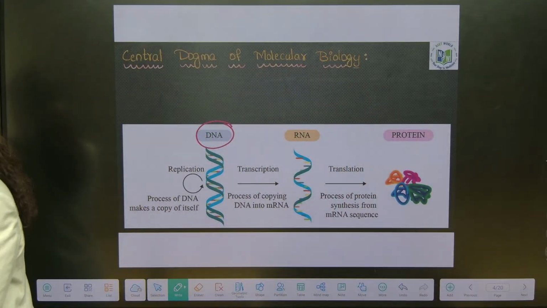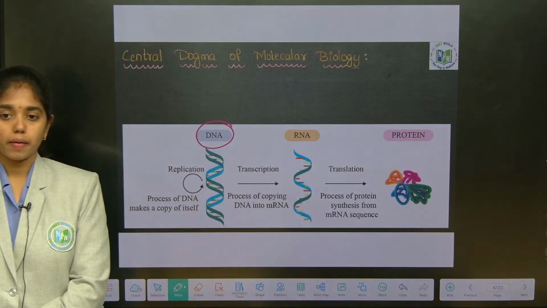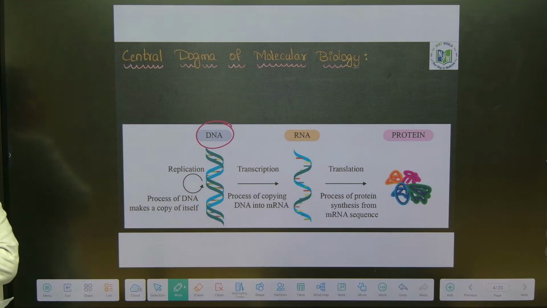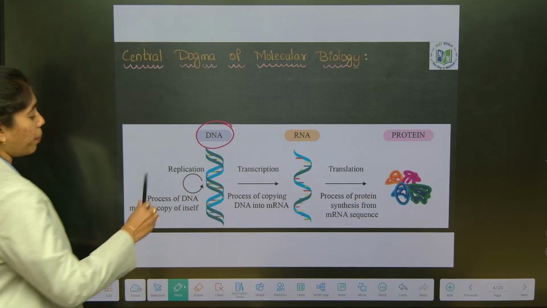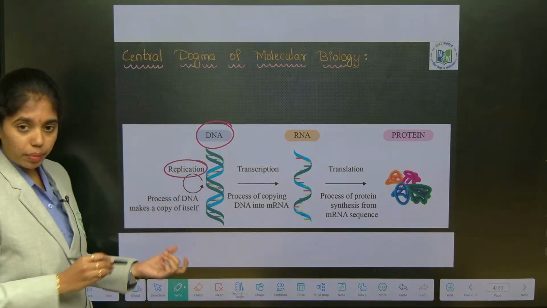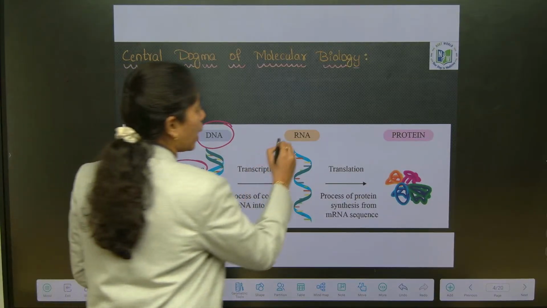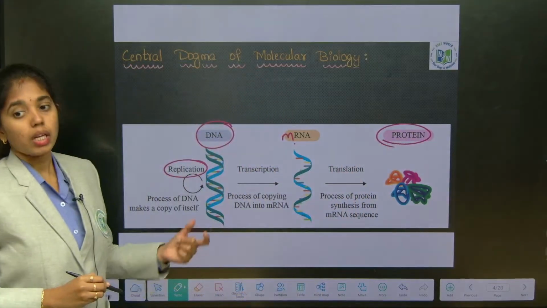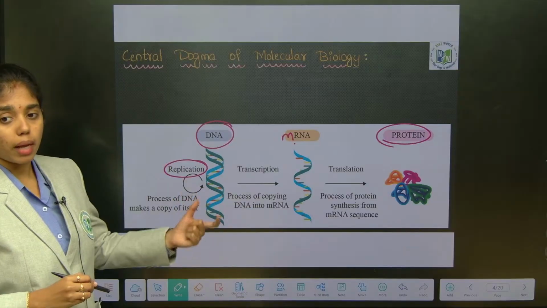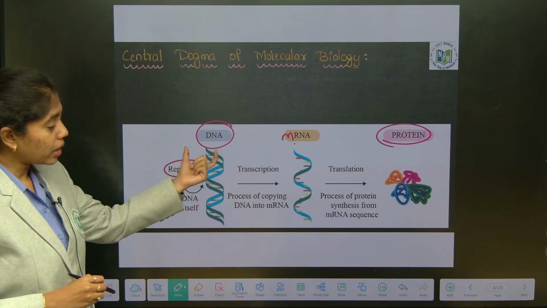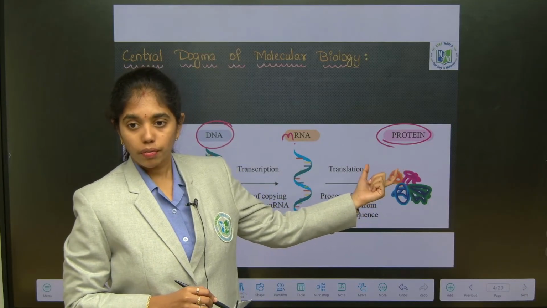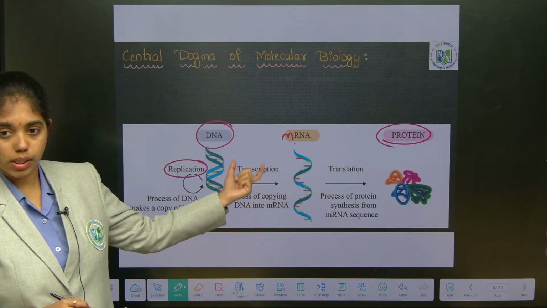It means replication: DNA will first get replicated, copied to mRNA, then ultimately proteins are synthesized. The central dogma is saying that the ultimate goal of DNA is to synthesize proteins.